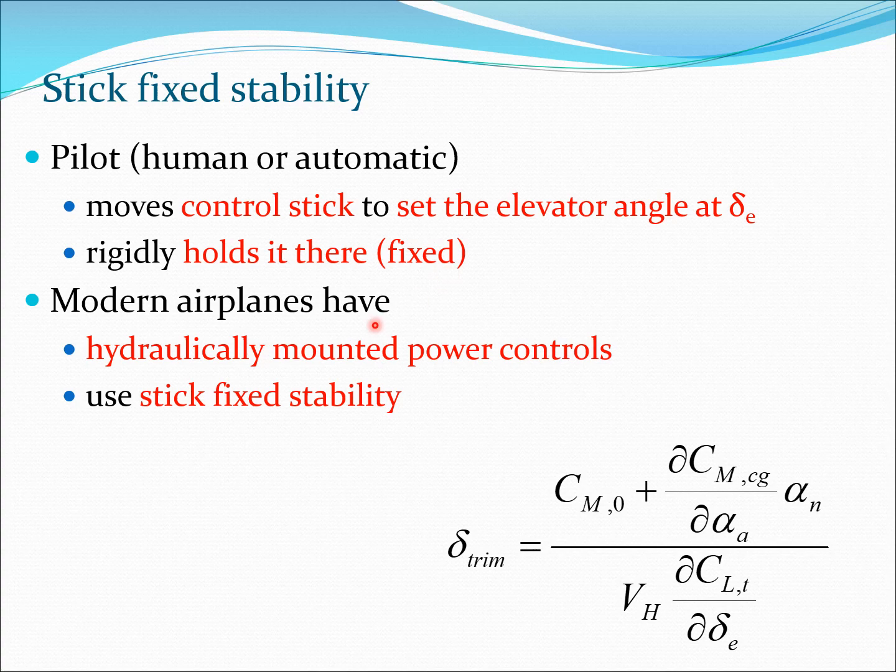Now modern airplanes typically have hydraulically mounted power control. So using this kind of mechanism where you hold the stick and you fix the value at delta E is easy to do, and so this is known as stick fixed stability. You would essentially hold the delta value at this particular value we have derived today.